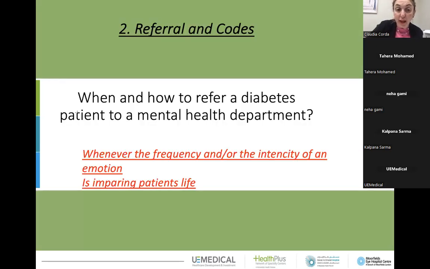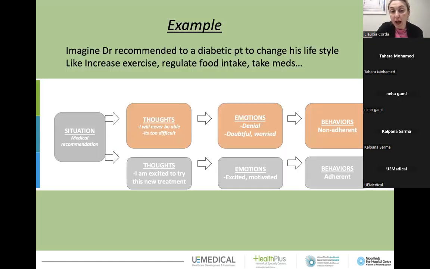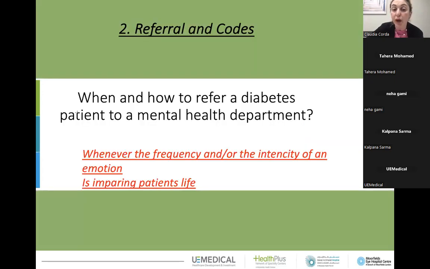So as you can see, let's go back here, when we have someone showing a thought that is not coherent with reality, an emotion that is high on our impairment scale, so how often, how deep, and whenever we see someone with a behavior that doesn't look functional, then it is the case to refer.